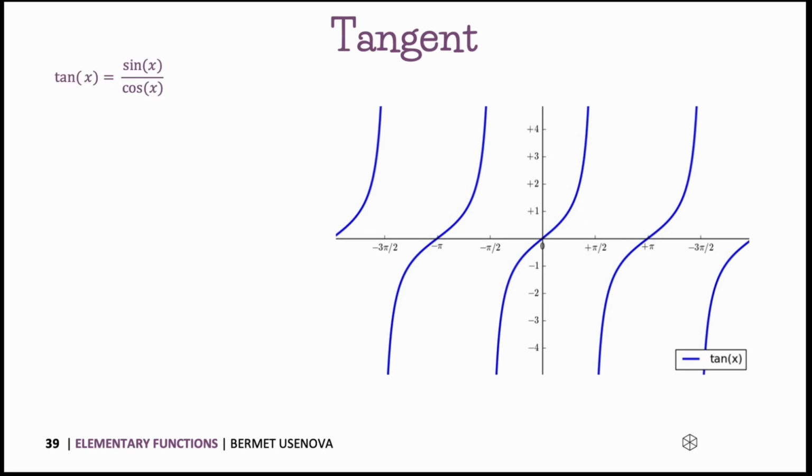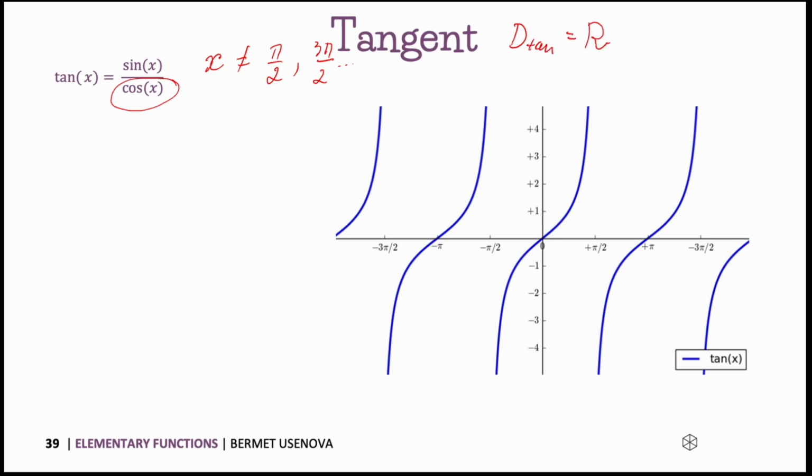So the next function that I want to talk about today is the tangent function. The tangent function looks like this. We can find tangent if we divide sine by cosine. Since cosine is in the denominator, it is very important to mention here that x cannot be equal to the roots of cosine. In set notation, the domain for the tangent function will be defined as follows.